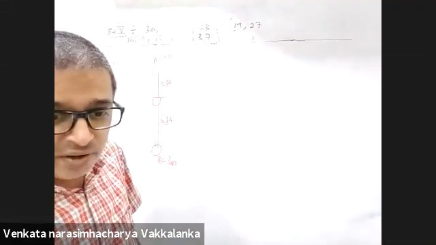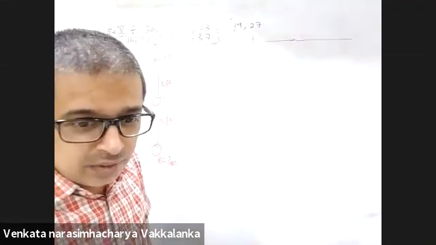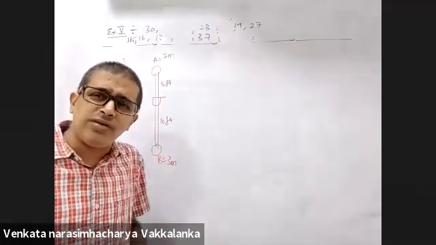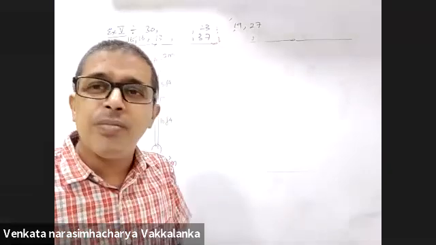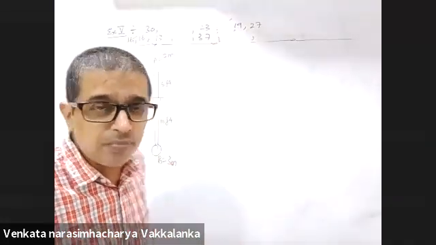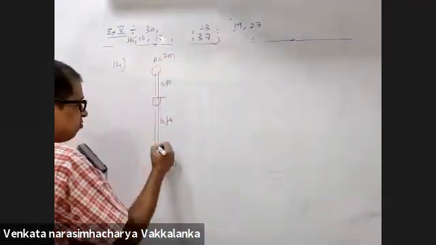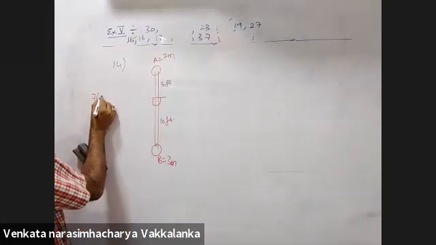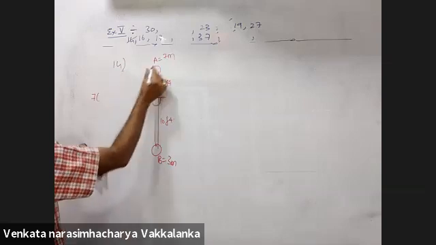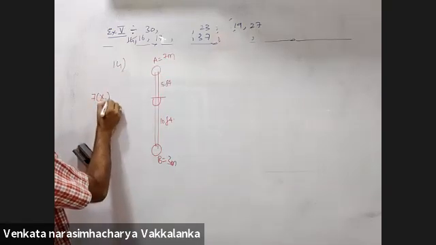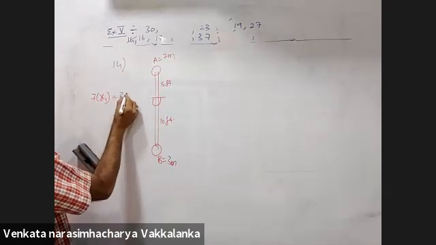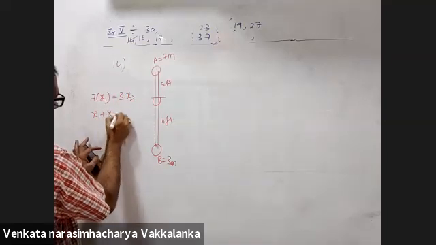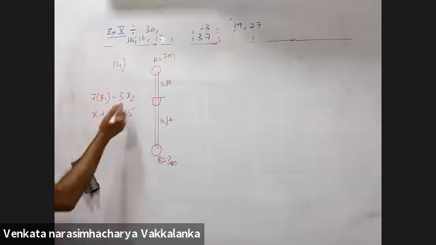Let us verify if that is right or wrong. If the rod is slightly disturbed from its equilibrium, how do you know whether it is unstable or stable equilibrium? Potential energy is maximum or minimum. Now, where does the center of mass of these particles lie? 7 into x1 will be equal to 3 into x2, and x1 plus x2 is equal to 15. These are the two equations.